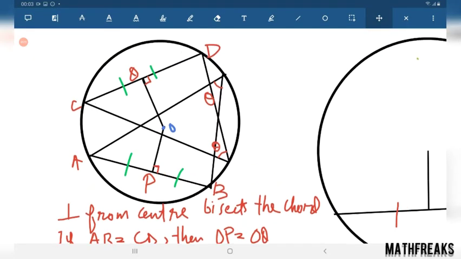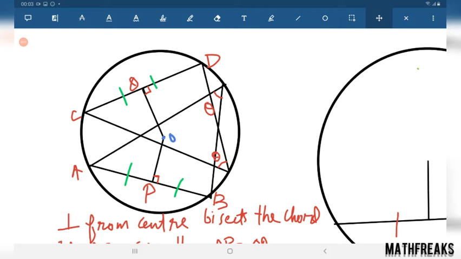That is, two equal chords, equal in length, are at the same distance from the center.